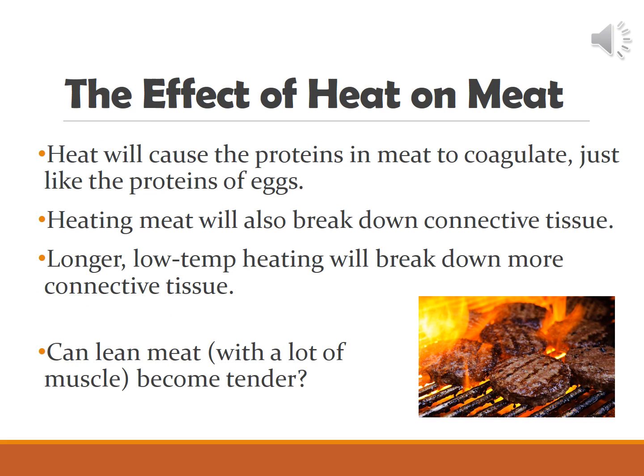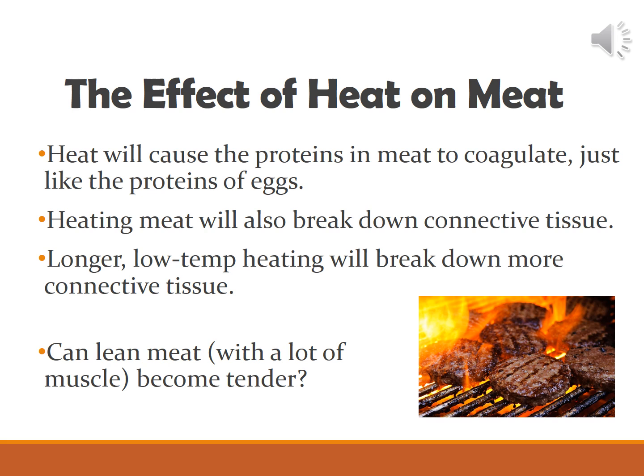There are two main processes that occur when we heat or cook meat. The first one is very obvious, and we've discussed this before when we talked about eggs. This is coagulation. Proteins, regardless of their source, will coagulate. So when this occurs, the meat is toughened or made more solid.